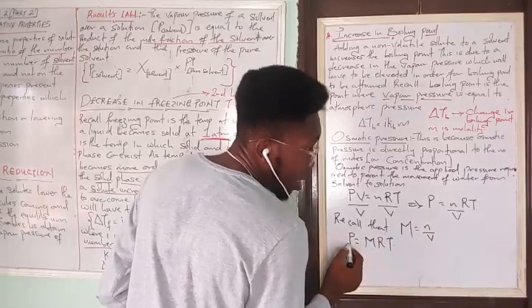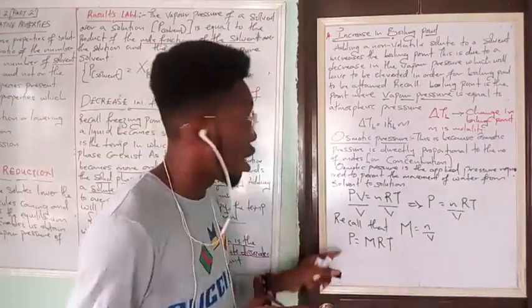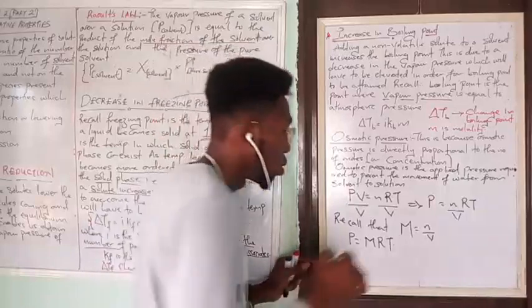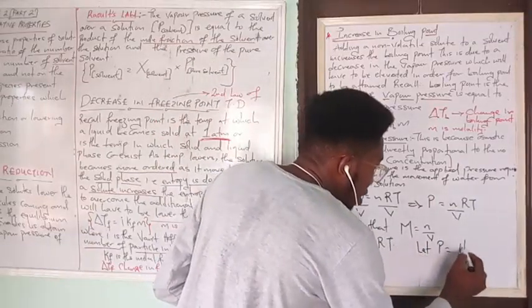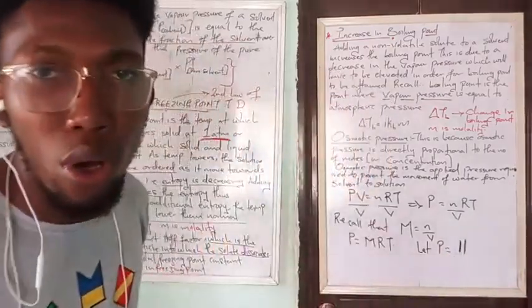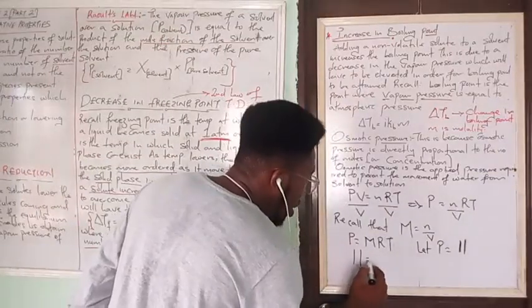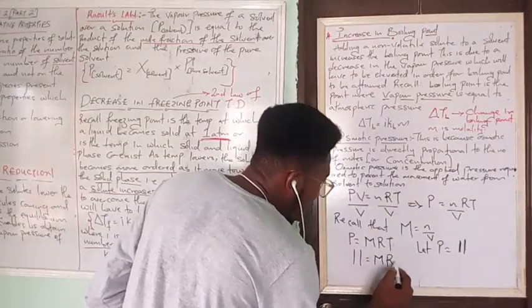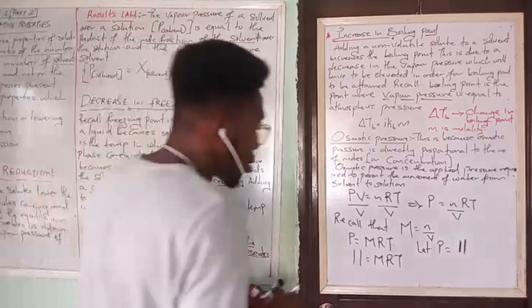Now let's change this pressure here to osmotic pressure, not gas pressure. Let P equal this symbol. This is the symbol for your osmotic pressure. So we're saying that our osmotic pressure is equal to MRT. That's the formula for our osmotic pressure.